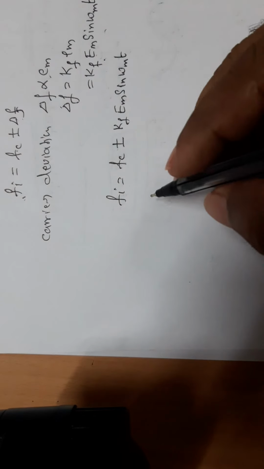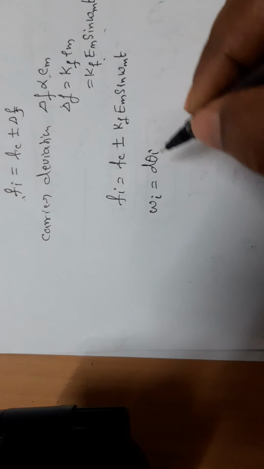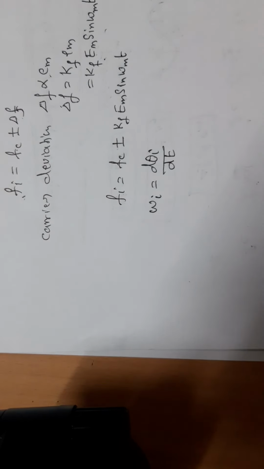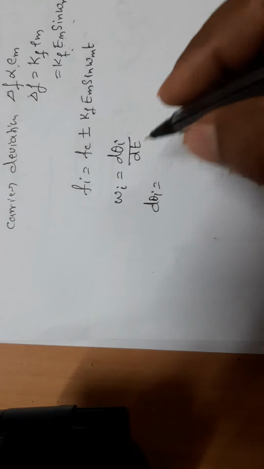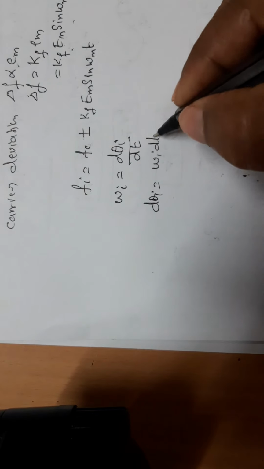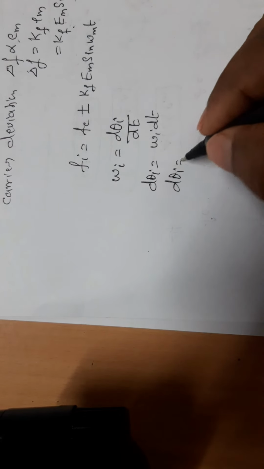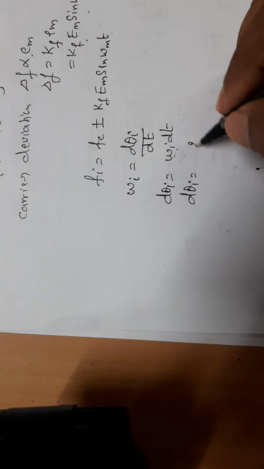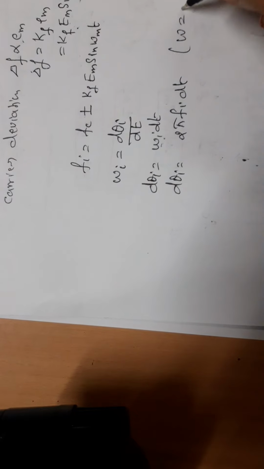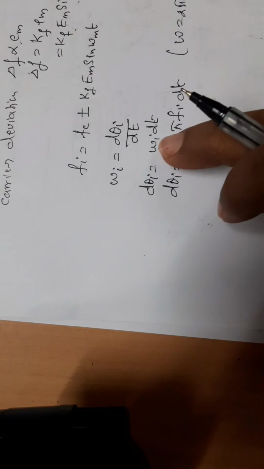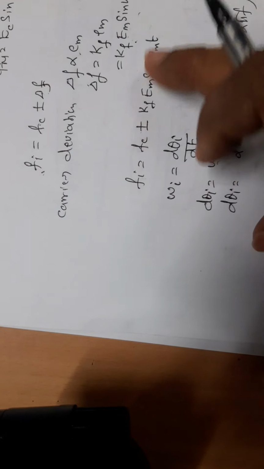And we know that the angular frequency omega i is given by the rate of change of angle, d theta i by dt. From this equation, d theta i is equal to omega i into dt. Now, omega i is nothing but 2 pi Fi, because omega is equal to 2 pi F. Substitute Fi from the earlier equation.